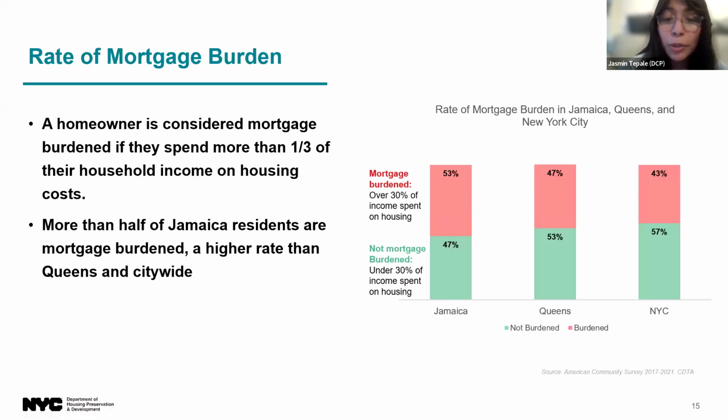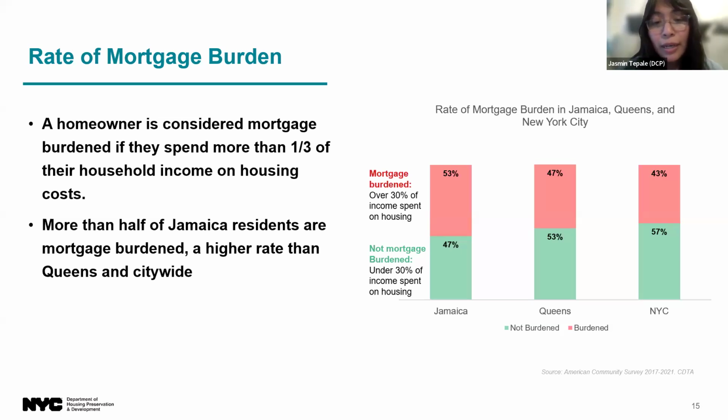But when it comes to homeowners, which are half of Jamaica residents, they're also at risk for displacement here in Jamaica. Many homeowners in Jamaica are considered house rich but cash poor, meaning they have more equity locked into the value of their home than they have liquid assets. As a result, Jamaica is home to a large number of homeowners facing foreclosures in recent years.